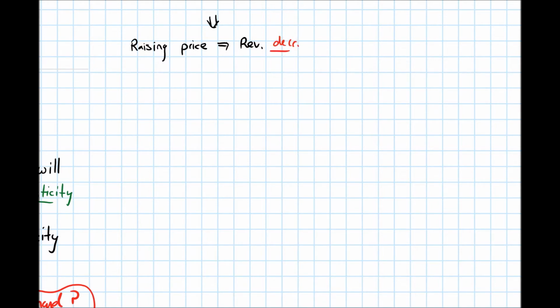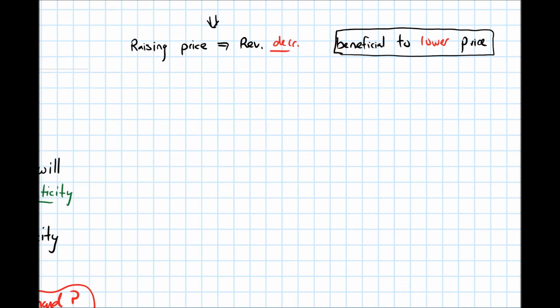It's going to be beneficial to lower the price. Okay, so when the demand is elastic like this, it's going to be beneficial to lower the price if we want to raise the revenue.